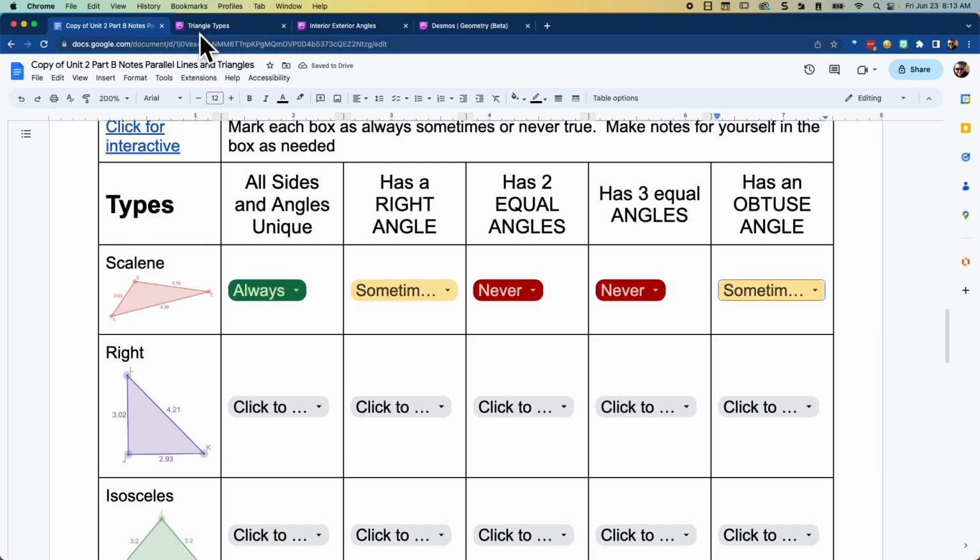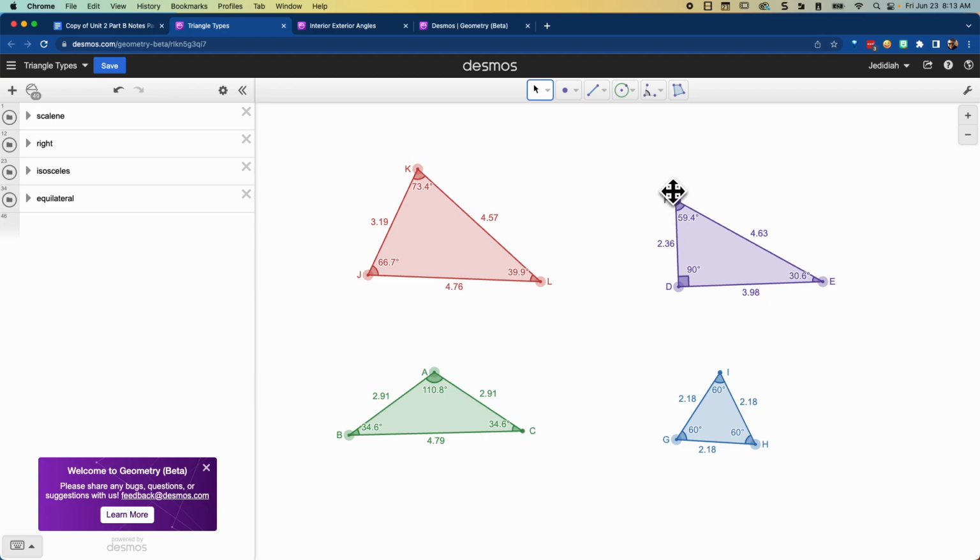All right, now let's take a look at the right triangle. When I move around this right triangle, no matter where I move these points, that right angle is always there. It is possible for me to get close to making two equal angles. Let's see if I can get it close here.